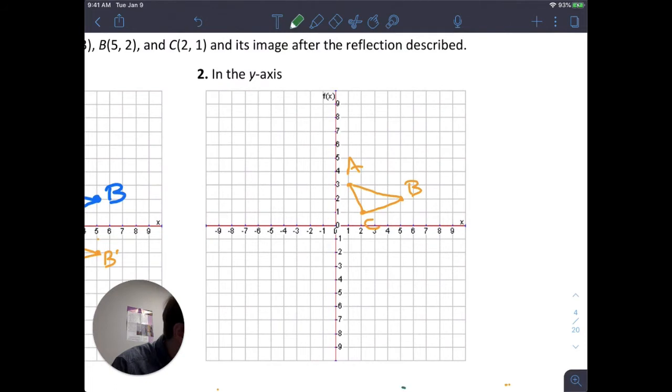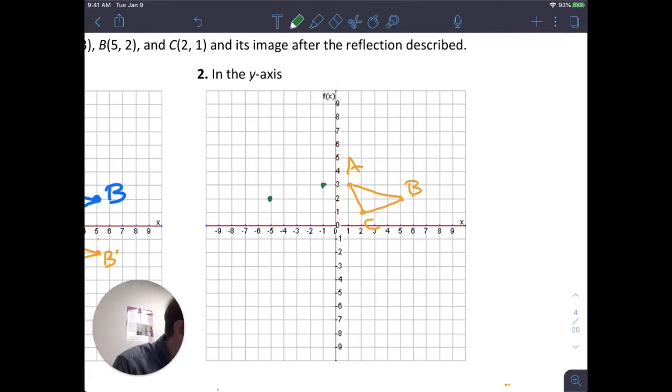So A is just 1 jump away from the y-axis, and so A prime would be over here. B is 1, 2, 3, 4, 5, so we'll do 1, 2, 3, 4, 5 on the other side of the y-axis in the same direction. We're just flipping over that y-axis.